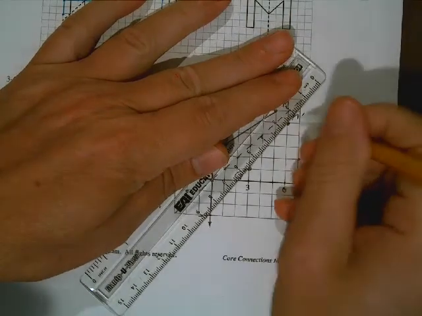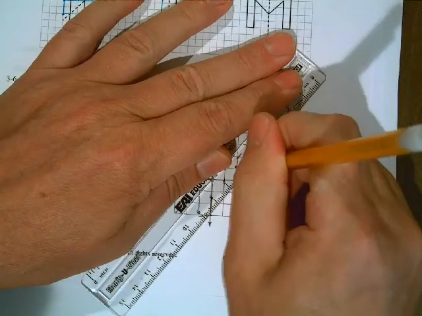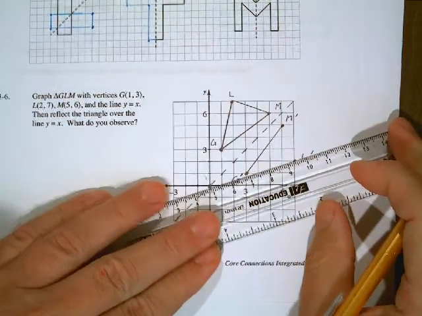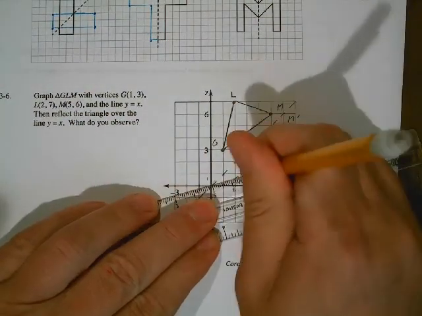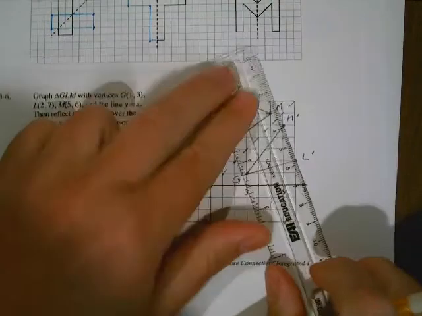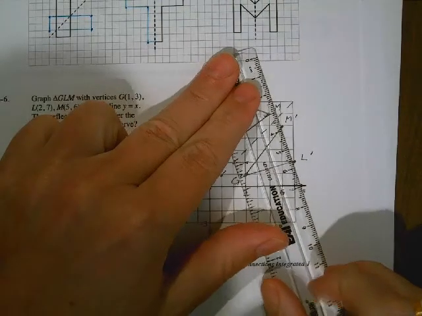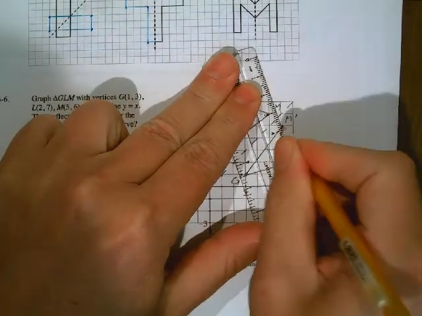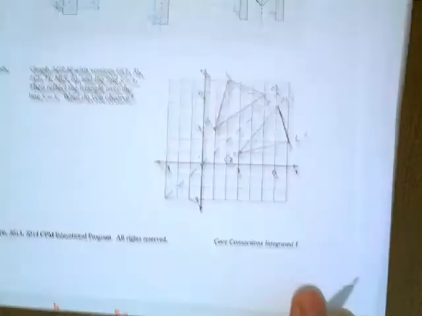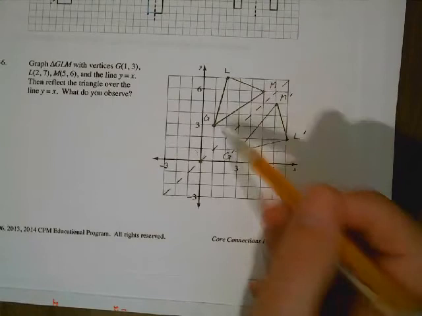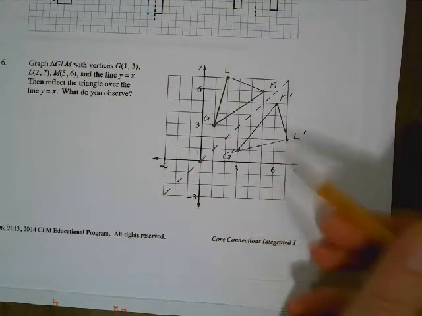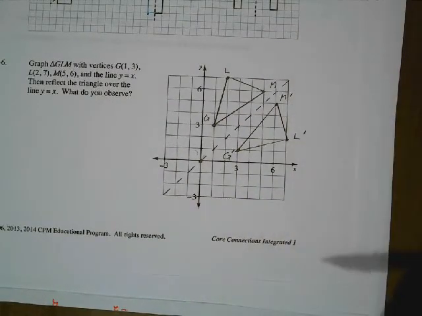All right, and there is our reflection of the triangle. Okay, so here we've got GLM, and then we have G prime, L prime, M prime. Those are the images.